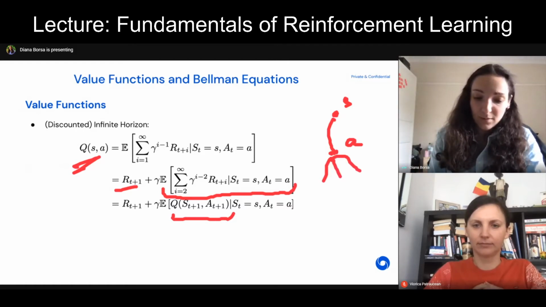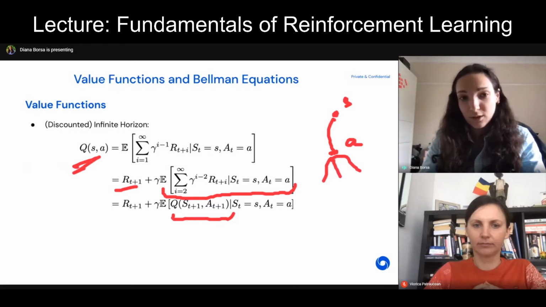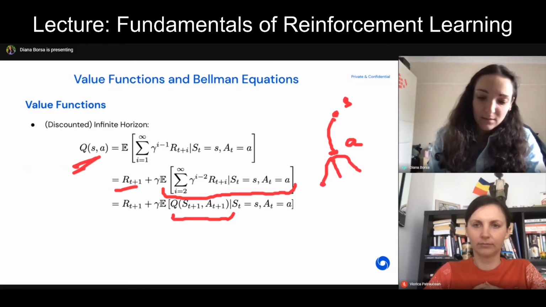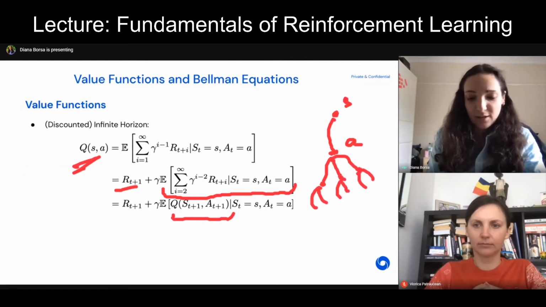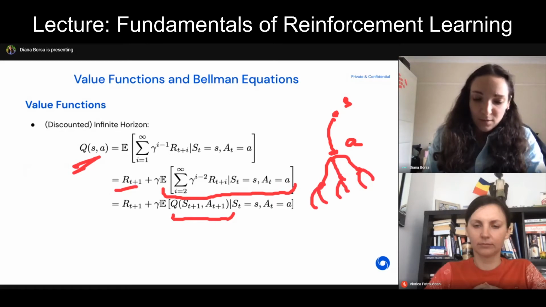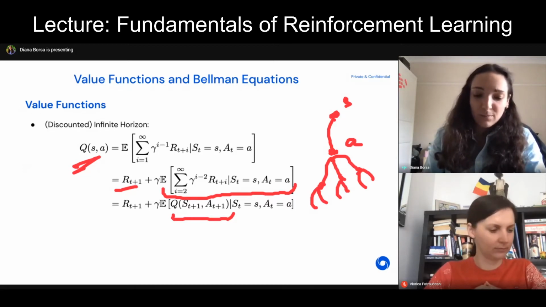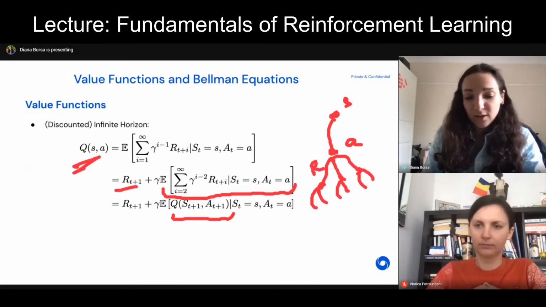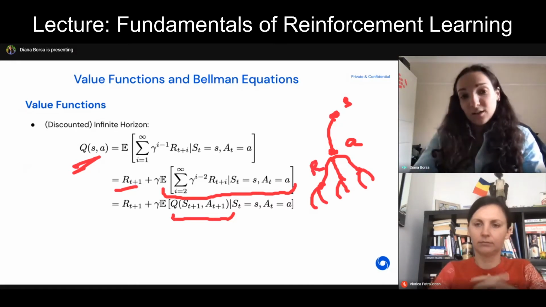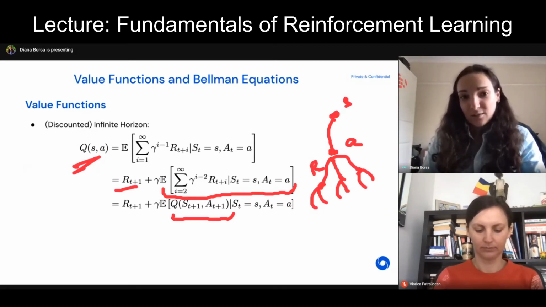Transition according to the probability of transitioning to another S t+1, and taking an action after that, multiple actions after that. So all I'm saying here is that I'm going to break this equation into the value at this state and this action, which would be the reward I got during this transition, and the expectation over the state and action at the next state. Okay.